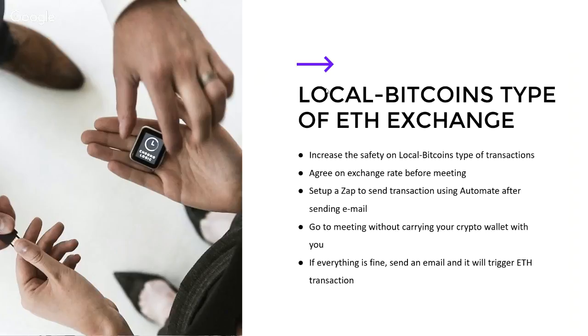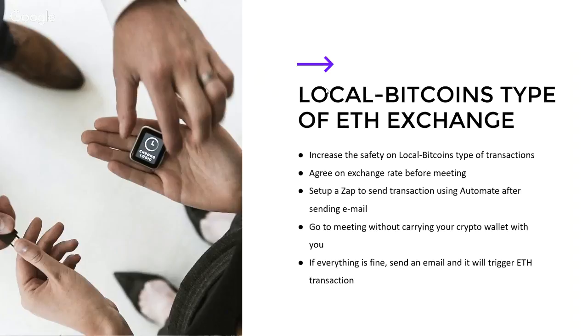So you can go to this meeting just with your phone, with no crypto wallet access on it. And if you are happy with the transaction, maybe before someone hands you cash or after, you just send an email to some address only you know, and this will trigger the transaction to the guy. Obviously, this works only if you agree on the exchange rate before the meeting and you get someone's address.